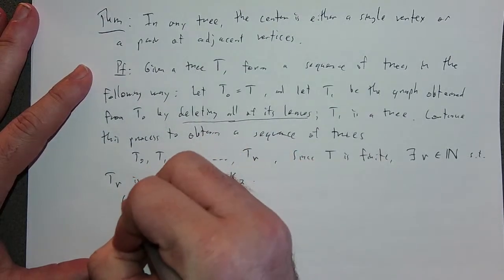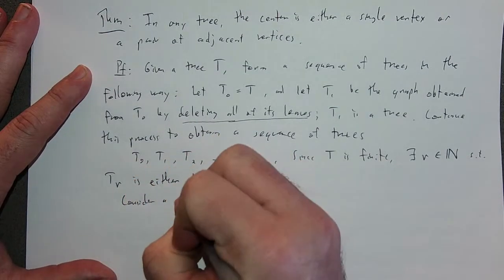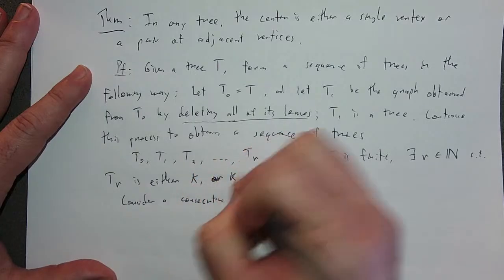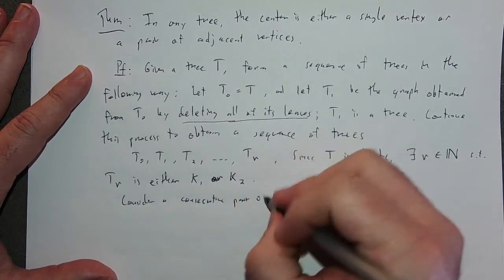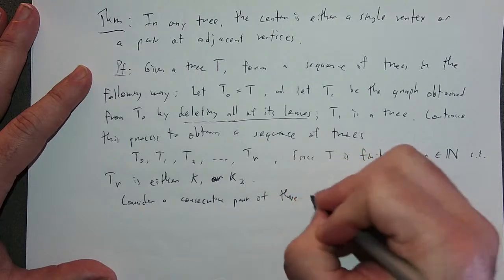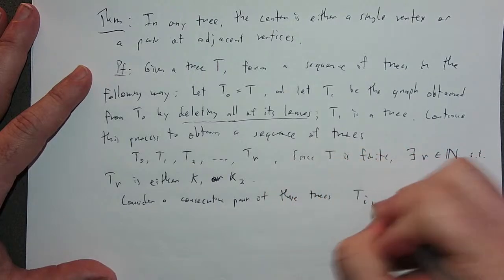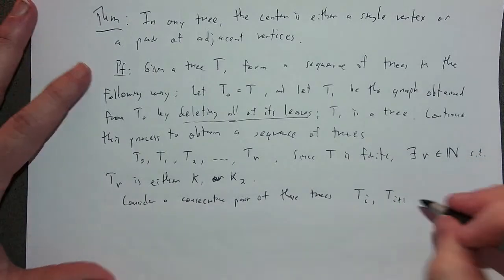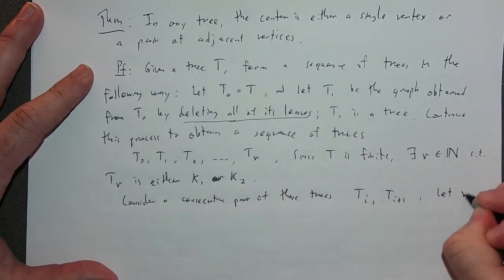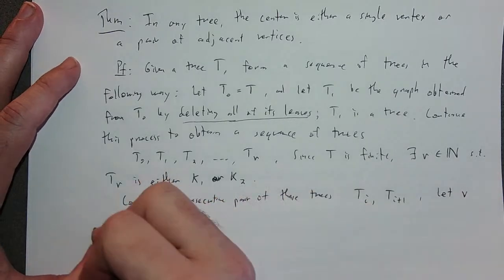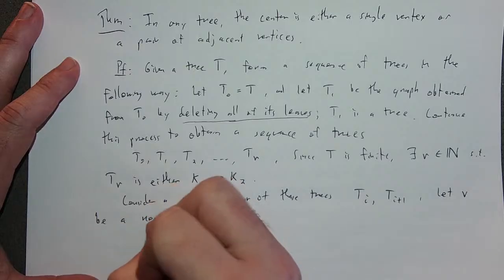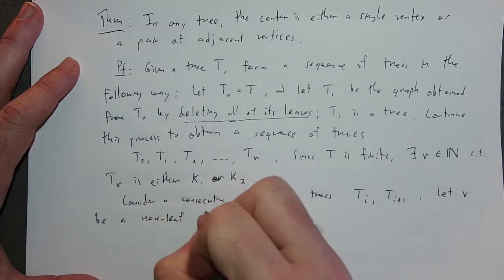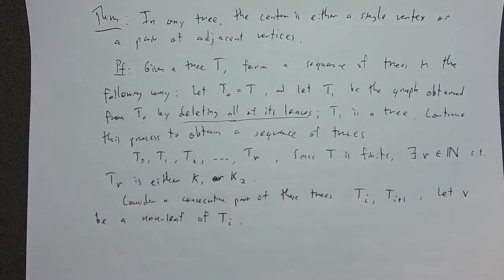So consider a consecutive pair of these trees, say T sub I and T sub I plus 1. Okay, let V be a non-leaf of T sub I. Since it is a non-leaf of T sub I, it will be in T sub I plus 1 as well.